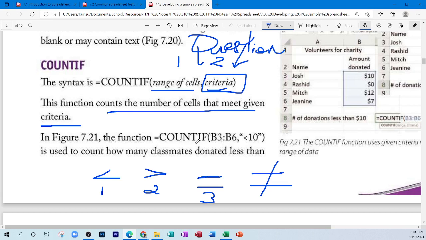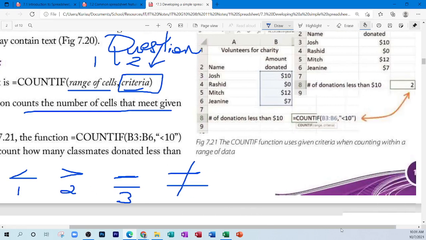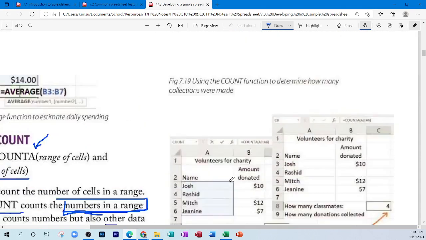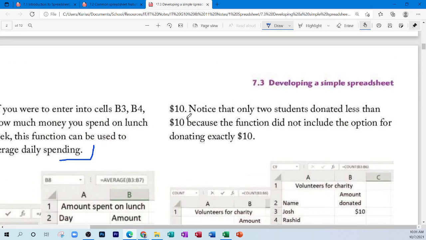Now the COUNTIF structure is a range of cells and a criteria. The function COUNTIF is used to count how many classmates donated less than $10.